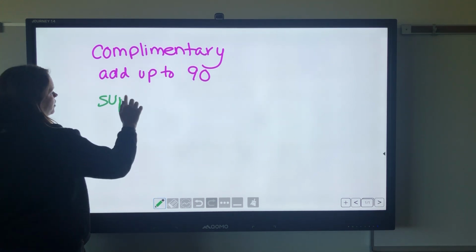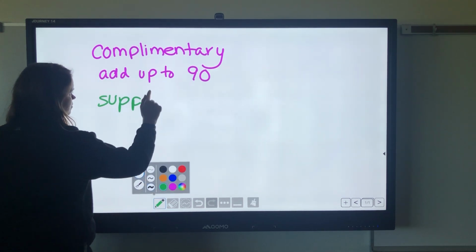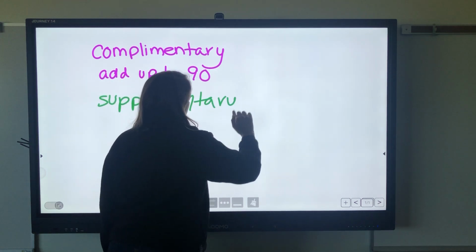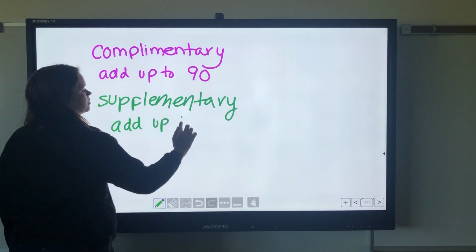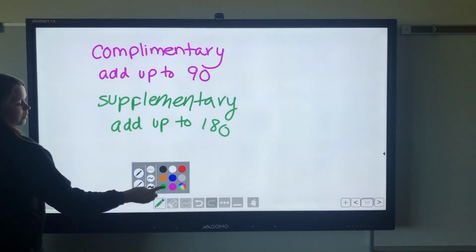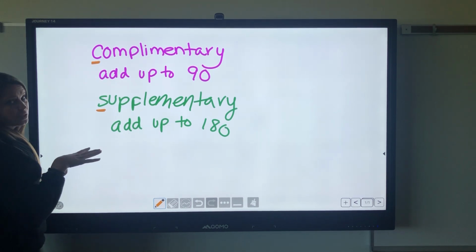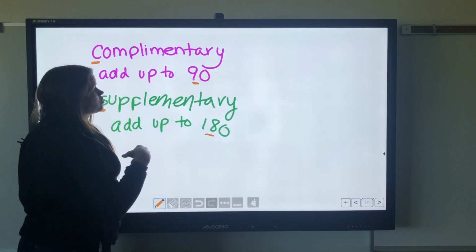And supplementary is when two angles add up to 180. So a way to remember that, C comes before S in the alphabet, and 90 comes before 180. So that's so you can remember which is which.